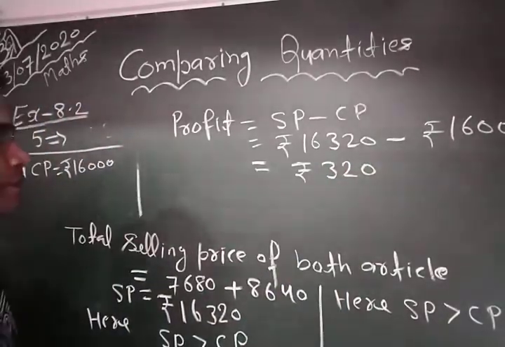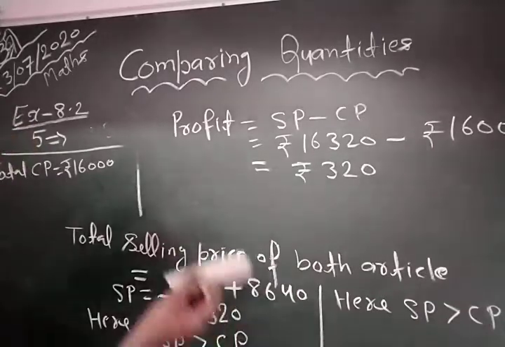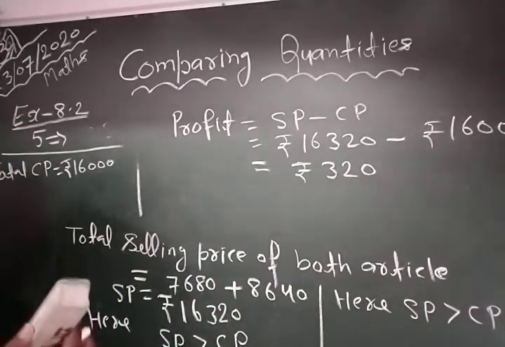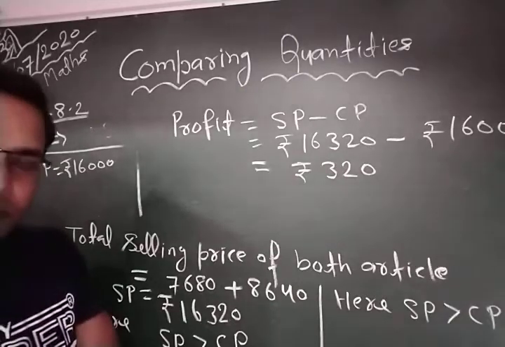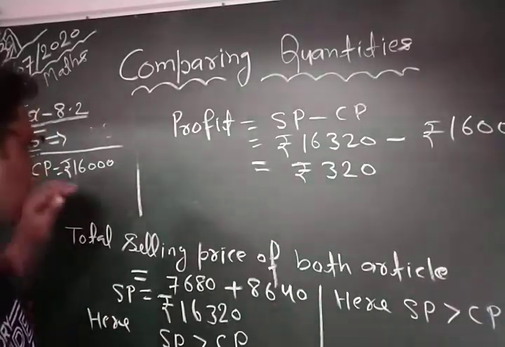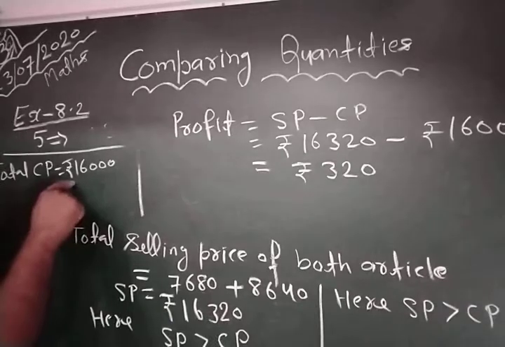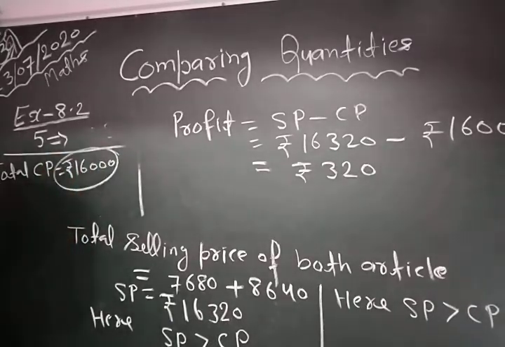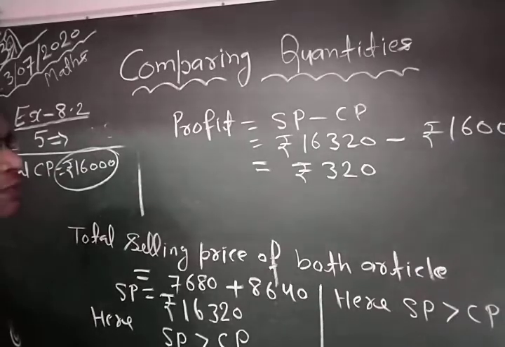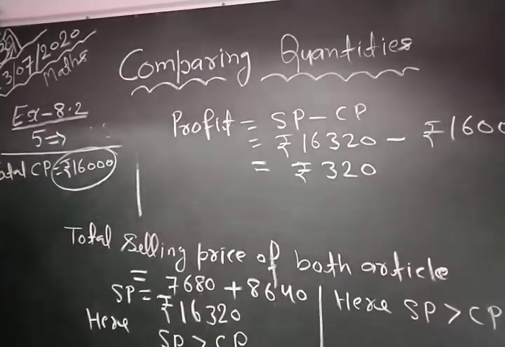This is clear. We find profit is 320 rupees. Now we find the profit percentage. Here you can see the cost price is 16,000 rupees, so we find the profit percentage on the cost price. Clear?